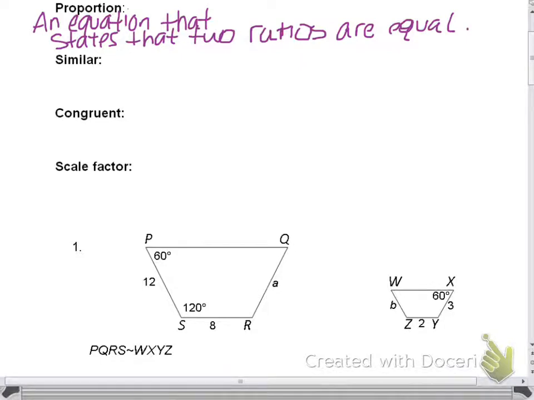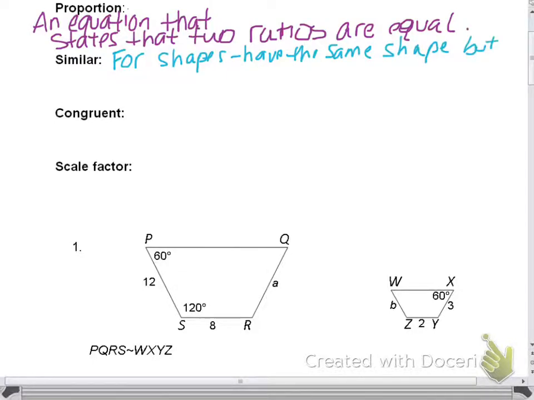And then the next word that we're going to be looking at today is similar. So we're going to be using proportions to show similarity. And similar for shapes means that they have the same shape, but do not have to be the same size.